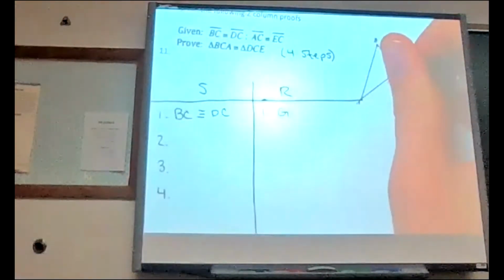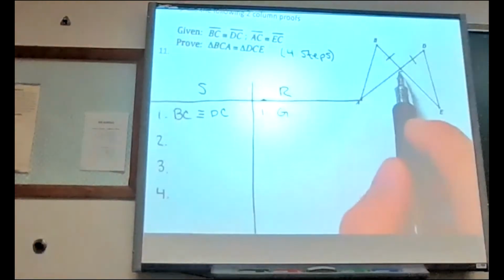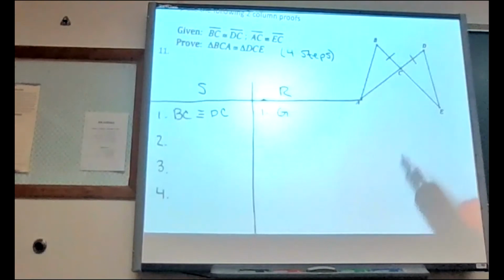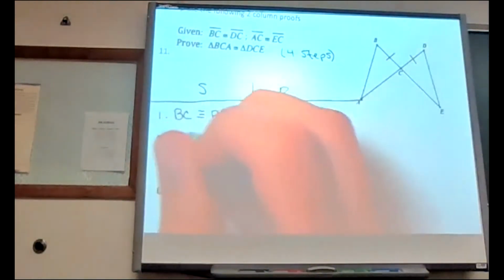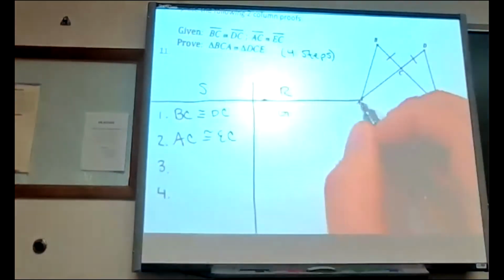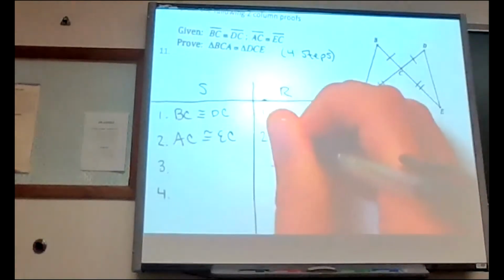So BC to DC. That this length is the same as this length. That way in the end, I'll be able to see which case I have. And then I'm also given that AC is congruent to EC. AC to EC, given.